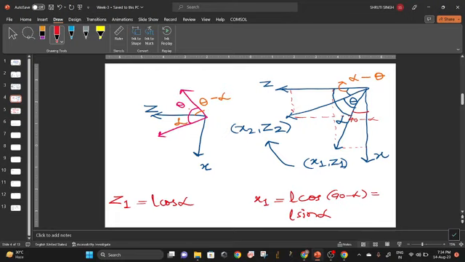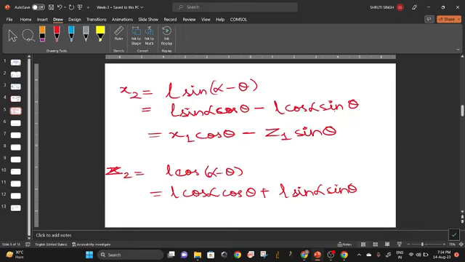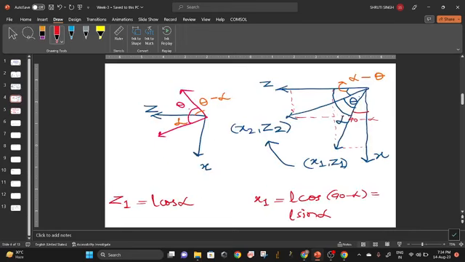But for this situation, this whole is alpha, this is 90 minus alpha, and alpha minus theta. Till now it is okay, as we have taken the angle from the z-axis, not from the x-axis.